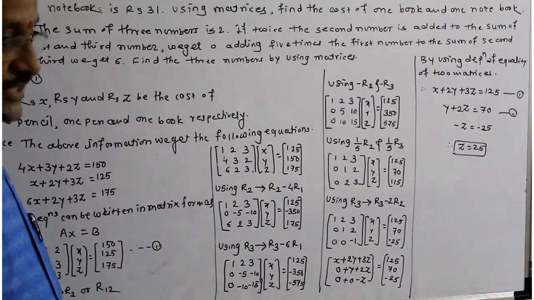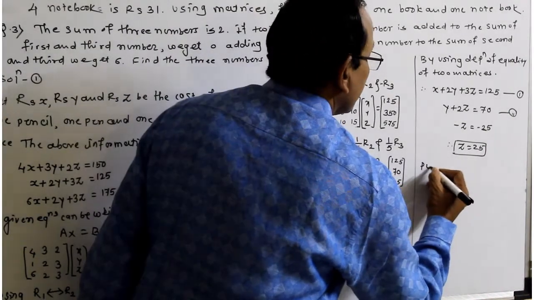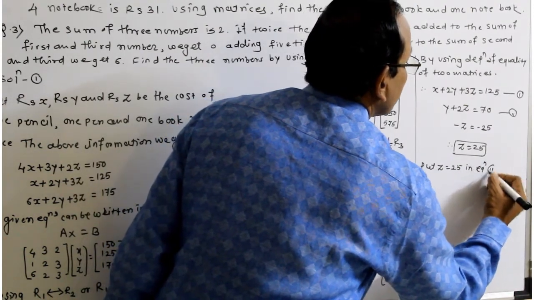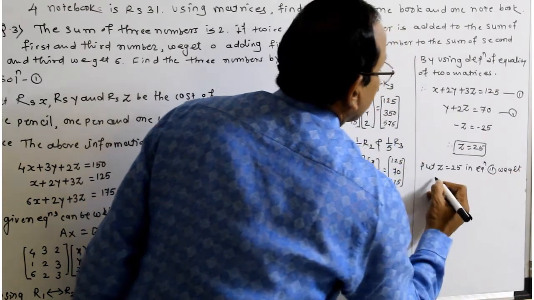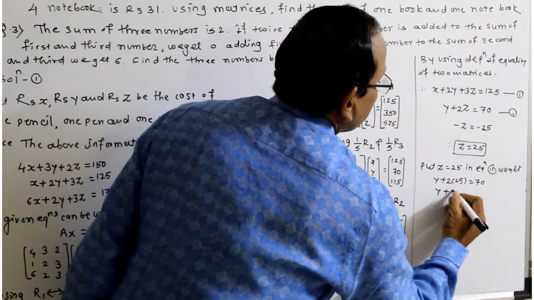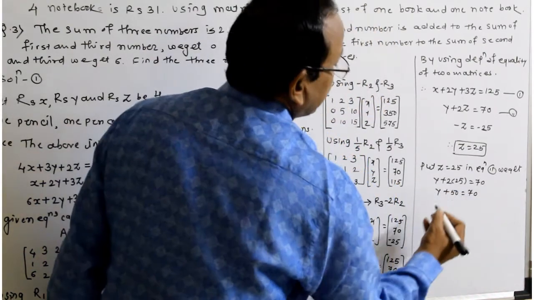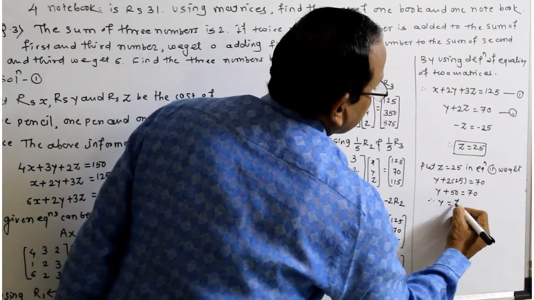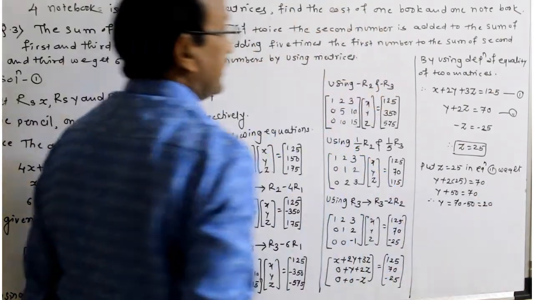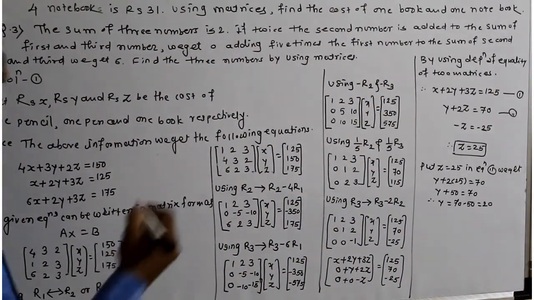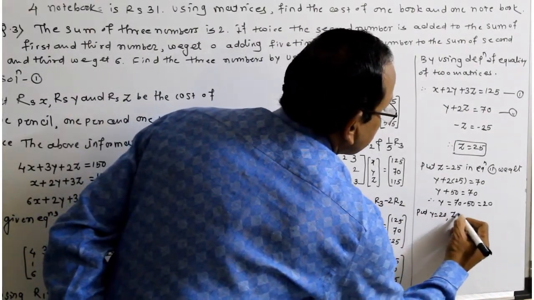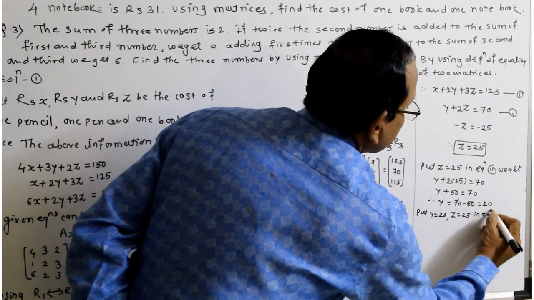Now put z is equal to 25 in equation 2. We get y plus 2 into 25 is 70. So y plus 50 is 70. Therefore y is equal to 70 minus 50, which is equal to 20. Now put y is 20 and z is 25 in equation 1.